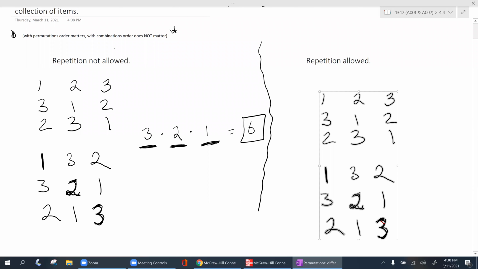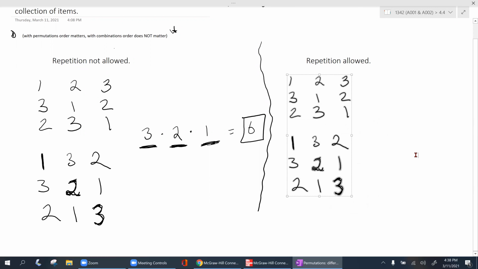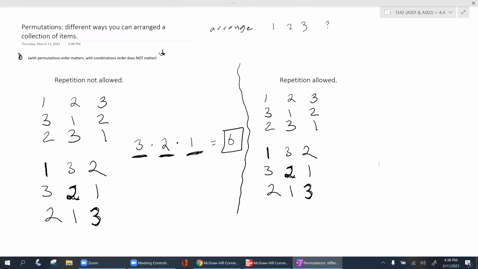So I know that I'm going to be including repetition not allowed into repetition allowed. So already in this list, there's already 6. But now let's start doing this with repetition allowed.